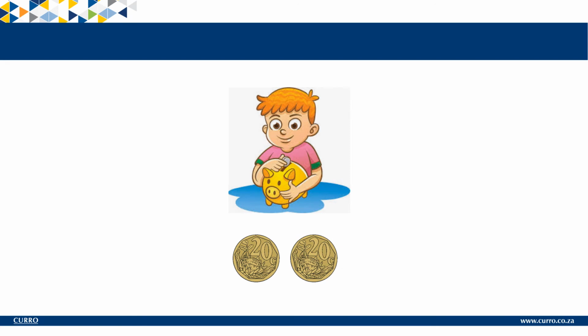Now we know that in that second 20 cents, there are two groups of 10, so we can count in tens twice. So let's try 20, 30, 40. So all together, that little boy has 40 cents.